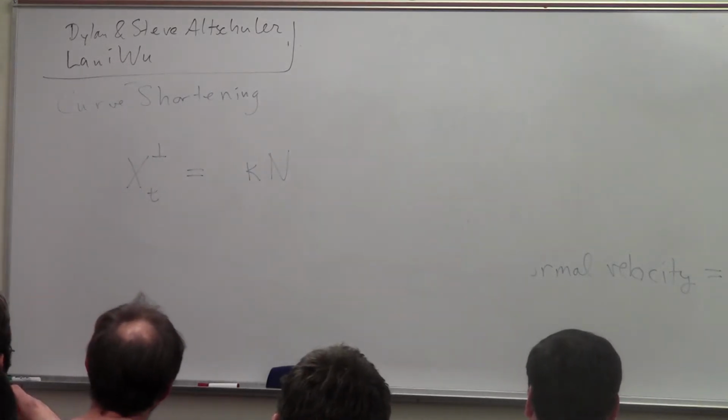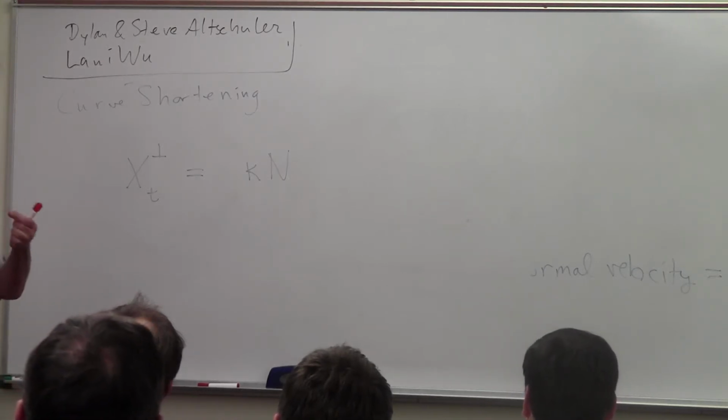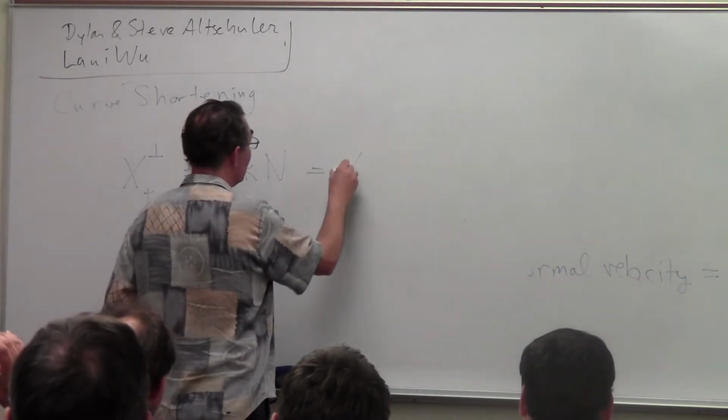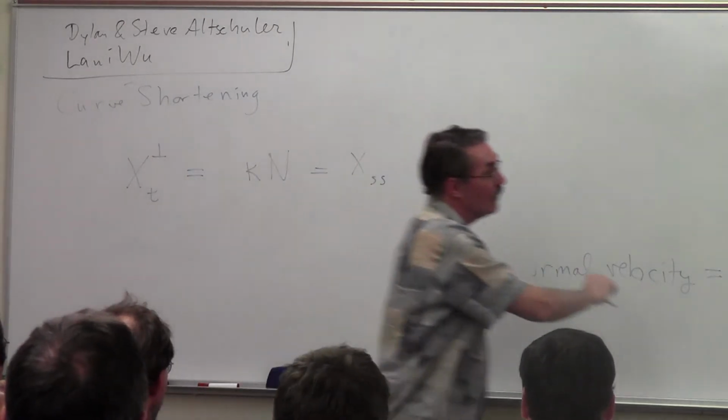I'm going to look at curves that evolve in such a way that the normal component of the velocity at each moment and any point on the curve is equal to exactly their curvature vector. So this is x_ss, the second derivative with respect to s.